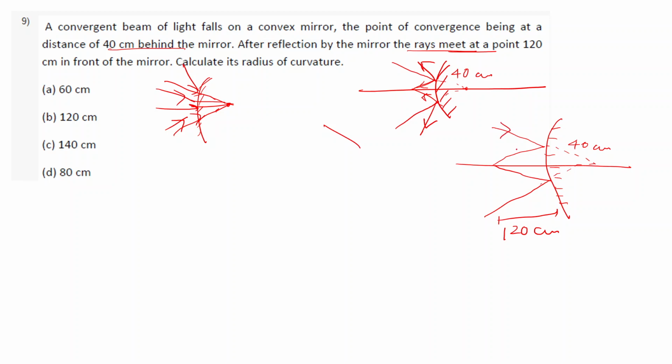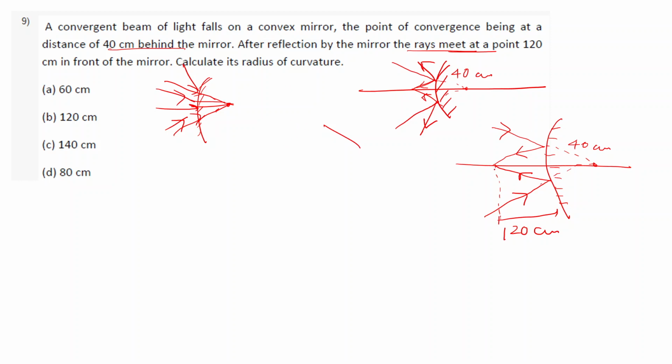So the rays were coming like this, and instead of meeting here, they are going back after reflecting and meeting at a point 120 centimeter in front of the mirror. This is the information given to us.